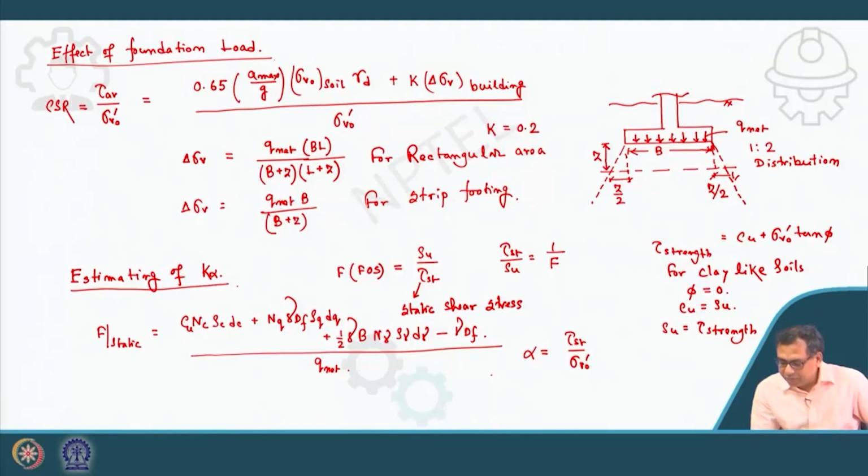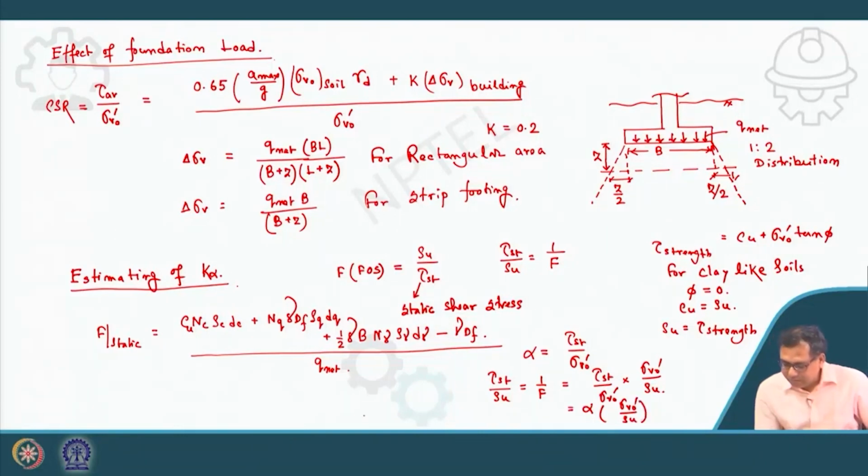So I know that tau ST divided by SU is equal to 1 by F. So I can write that tau ST divided by sigma V0 dash into sigma V dash by SU. So this is equal to alpha, alpha into sigma V dash by SU.